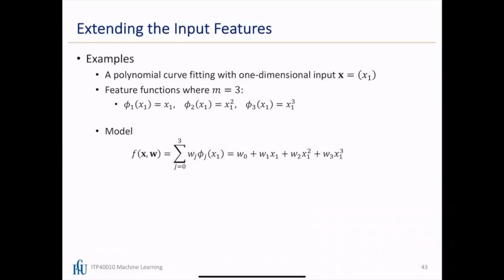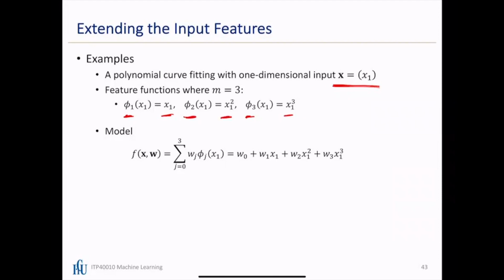So let's get more tangible. Here comes some example. Your original input is a single dimension, so you have only one column for input, and you somehow designed your feature function in this way. So phi1 is just the input itself, phi2 is x1 square, phi3 is x1 cubic.